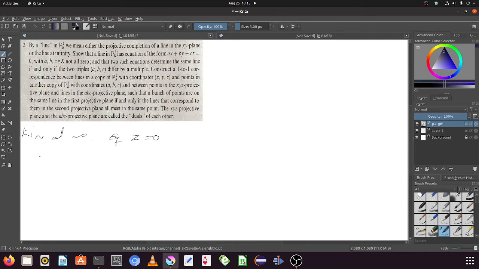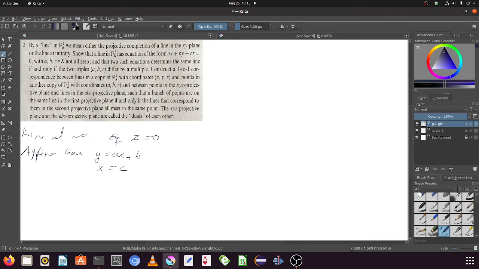So an affine line, well, let's go back to basics totally. It's either this form or this form: a vertical line and one with slope a.